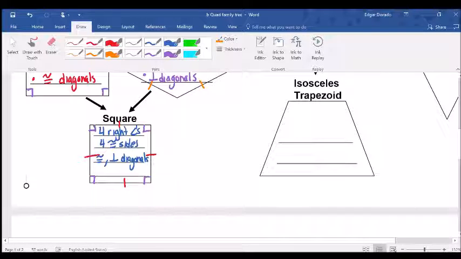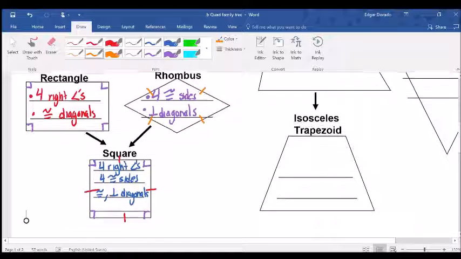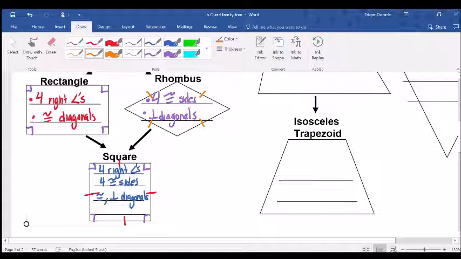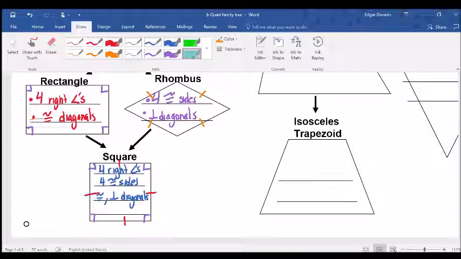So notice it had similar traits to the two above, rectangles and rhombuses. We have four right angles, which is a trait from a rectangle, but we also have four congruent sides, which is a trait from the rhombus. And finally, we actually combine these two. Sorry about that, guys.